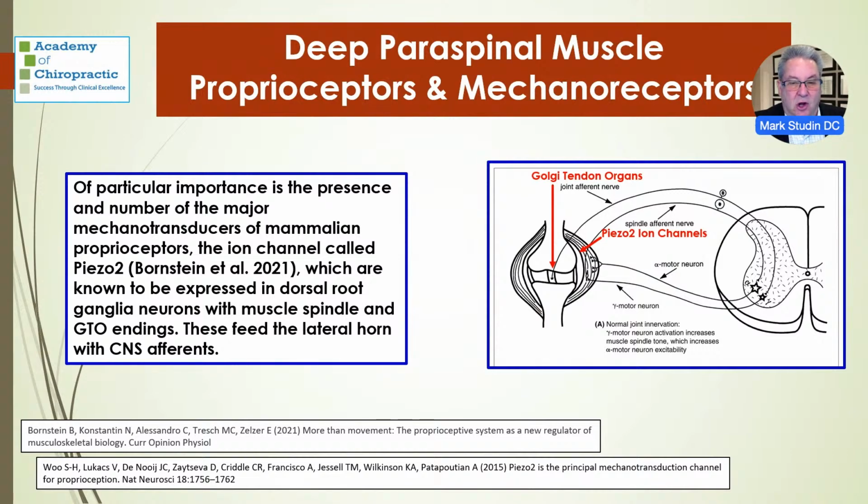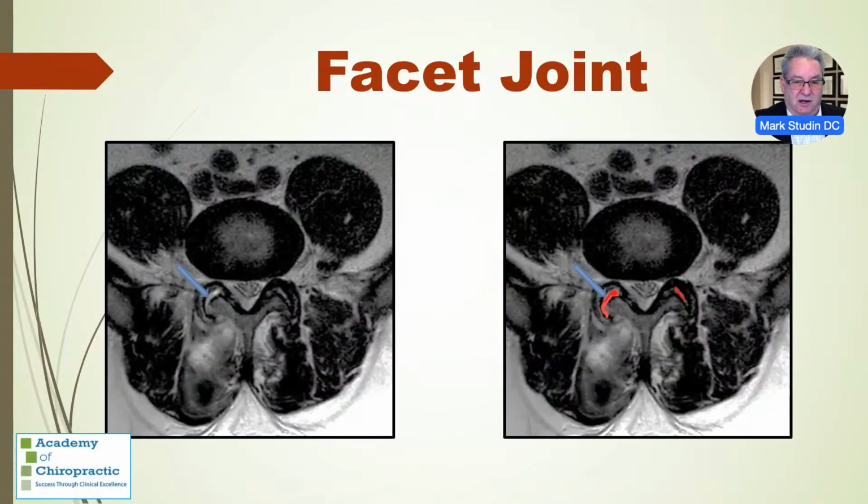In there are Golgi tendon organs and Piezo2 ion channels, which feed back into the lateral horn and up the spinothalamic tract to the brain, ping-pong around to different areas, and then efferently help your body create homeostasis and balance and biomechanical balancing. So all of these things are really important to understand.